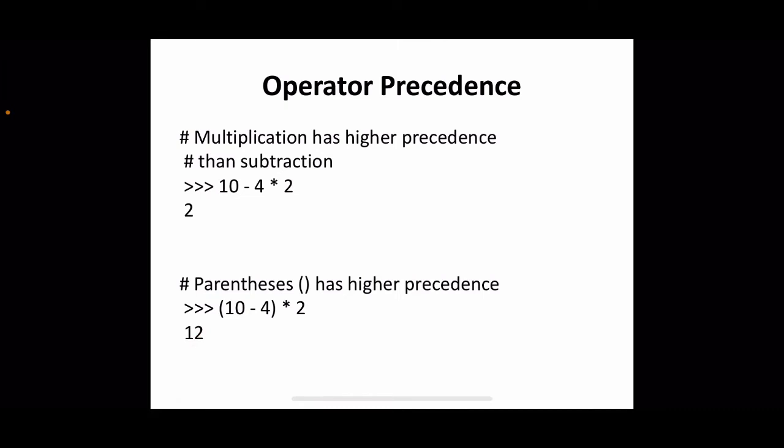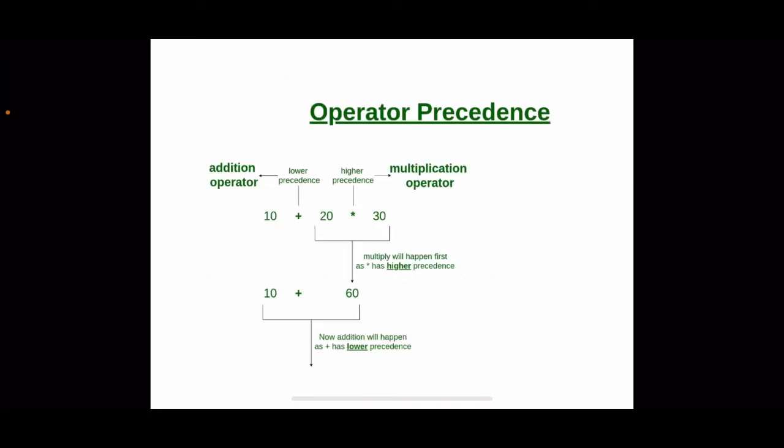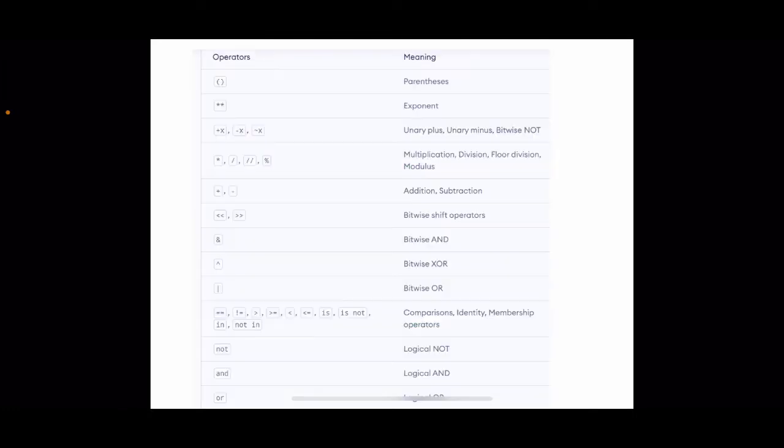So based on that, and based on the precedence of different operators, the expression's value will be different at different time. So you can see another example, 10 plus 20 into 30, how it proceeds. 20 into 30 will be evaluated first, and then the plus will be applied. So 10 plus 60 will be evaluated to 70.